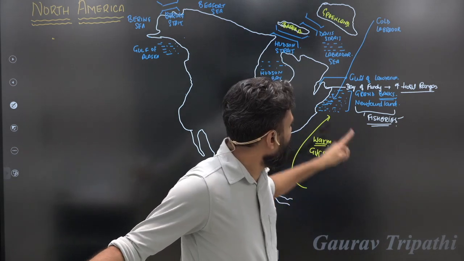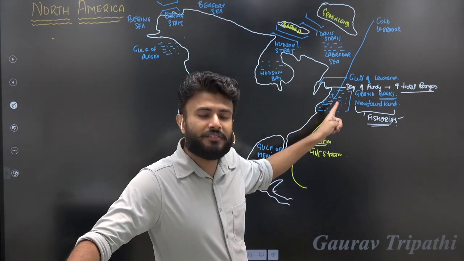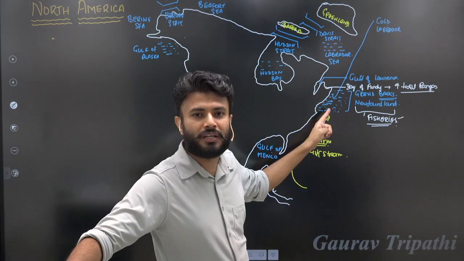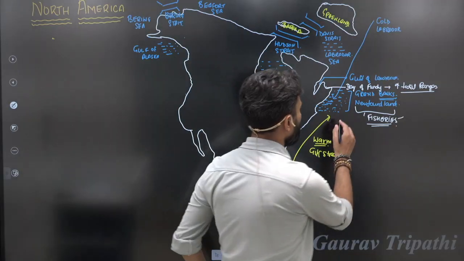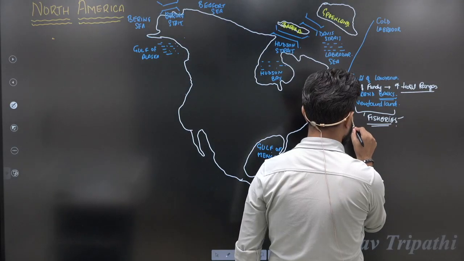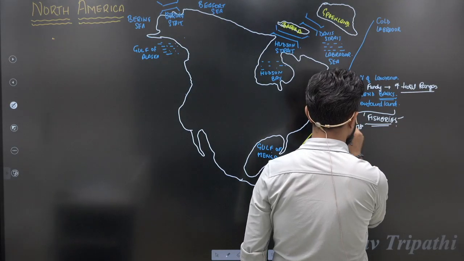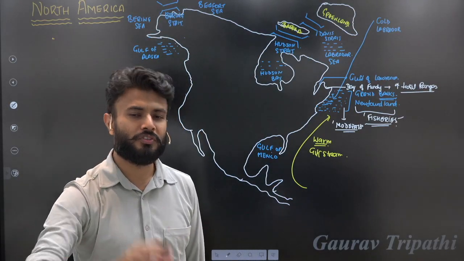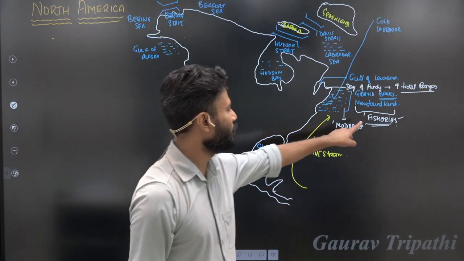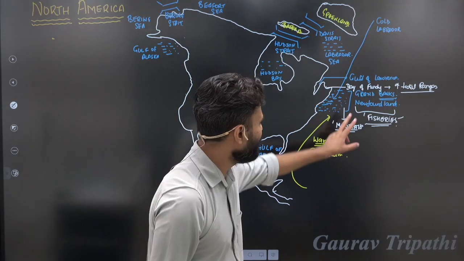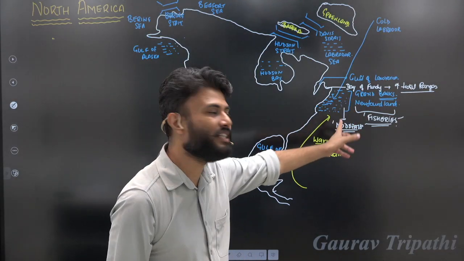Fourth, all the regions where there is intermixing of cold ocean current and warm ocean current, here you get relatively moderate climatic conditions. The conditions are not at extreme, that is not too cold or not too hot. So there are moderate conditions which are suitable for fisheries. Is it fine? So that is why we have a lot of fisheries in this region.